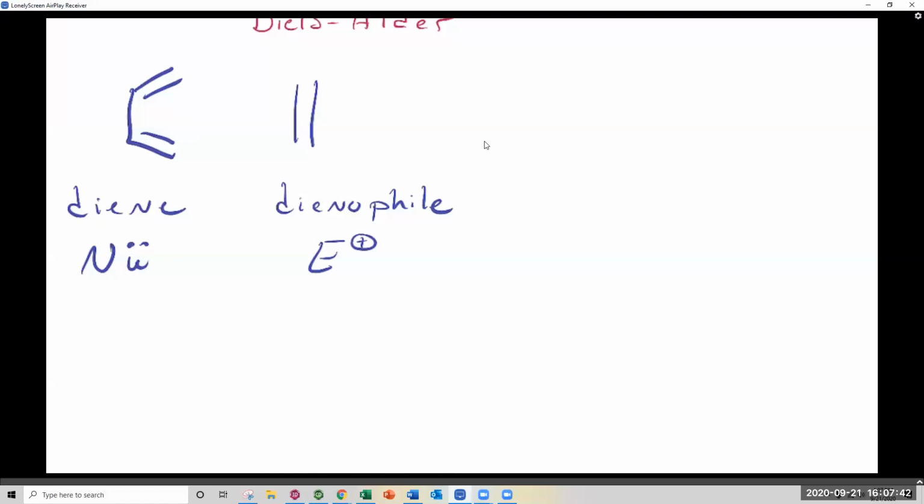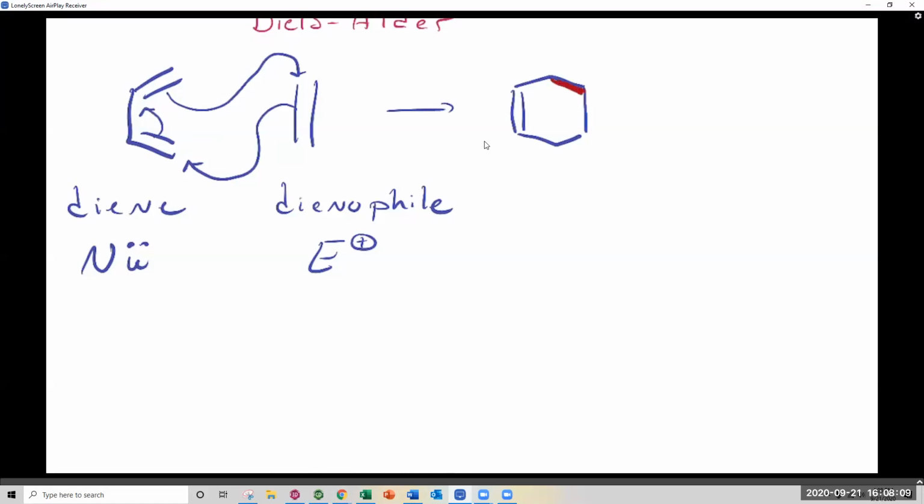But the general reaction is that we take our pi bond and we form a sigma bond. We break this pi bond and form another sigma bond. And then we take this pi bond and we form another pi bond. And the resulting species is going to be cyclohexene. And so with the Diels-Alder reaction, you're always going to form a cyclohexene derivative.